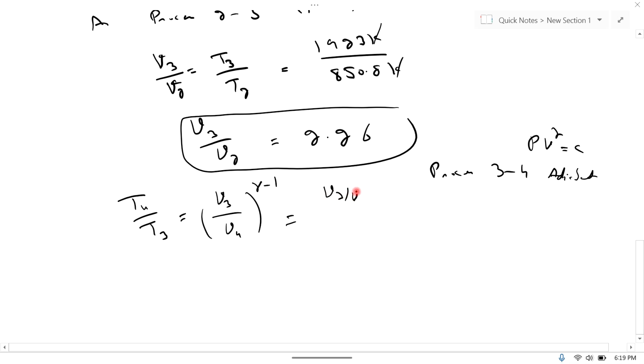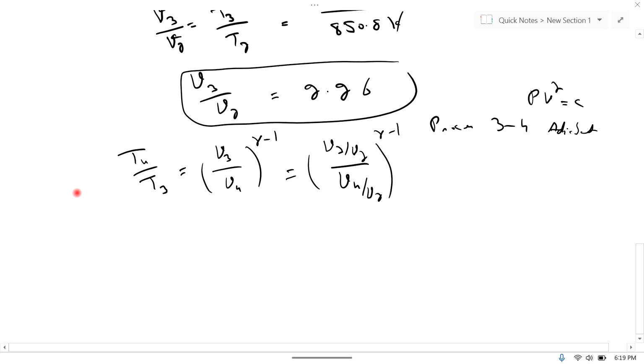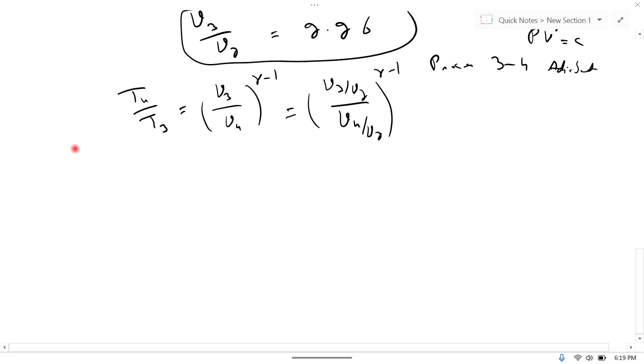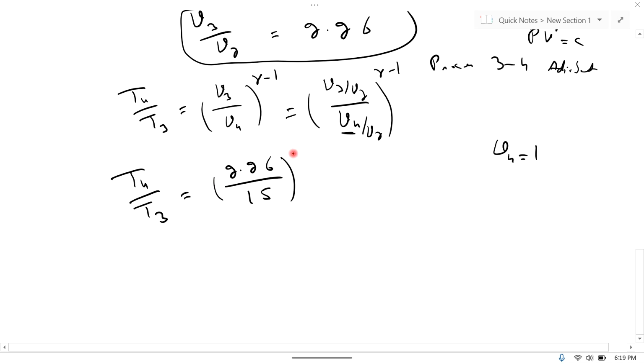So V3 divided by V2 over V4 divided by V2, power gamma minus 1. V3 by V2 is basically 2.26, and V4 is equal to V1. So V1 divided by V2 is the compression ratio, which is given to us as 15, power 1.4 minus 1.